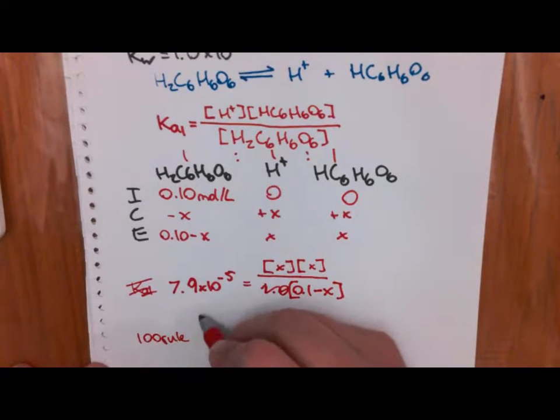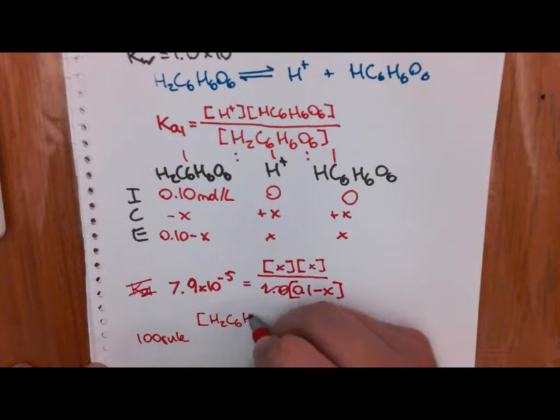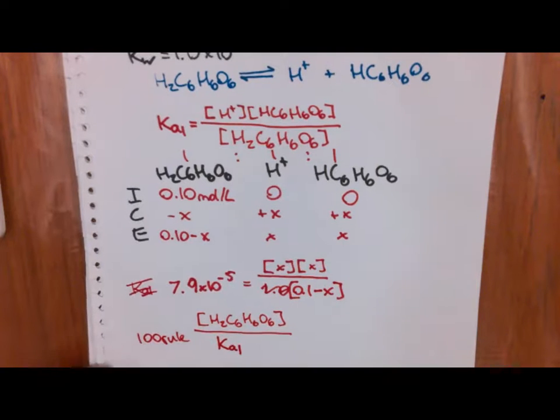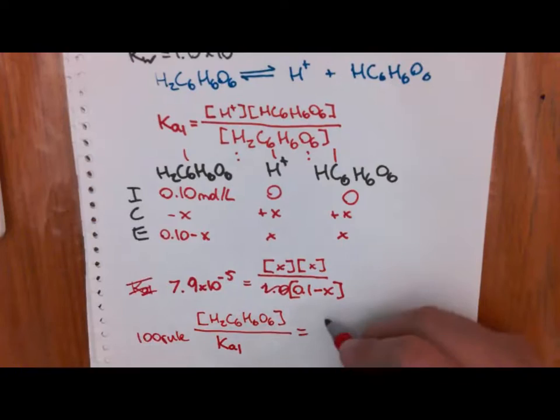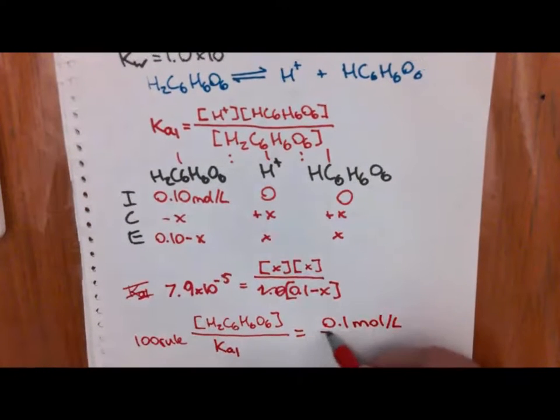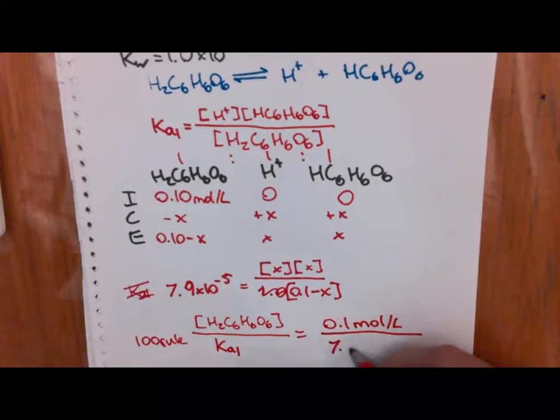Therefore, we need to check our initial concentration of our H2C6H6O6 and divide that by our Ka1. So that's going to equal 0.1 moles per liter divided by our Ka1, which is 7.9 times 10 to the negative 5.